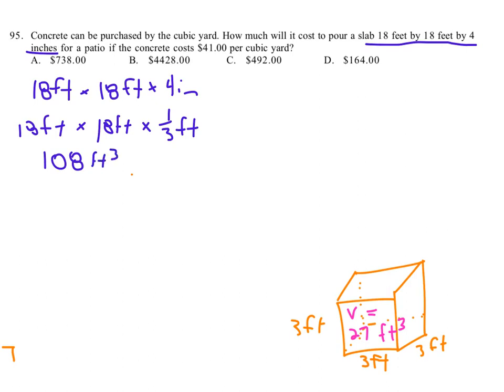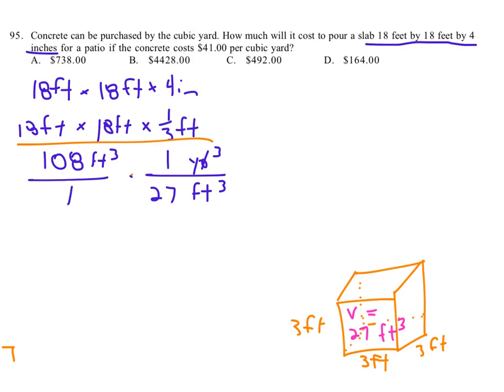If we want to convert that into cubic yards, we can say 1 cubic yard is 27 cubic feet. Those are equivalent, so that's like 1/1, the exact same amount top and bottom.